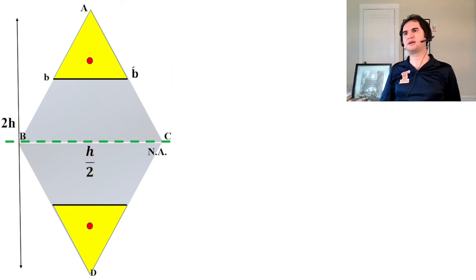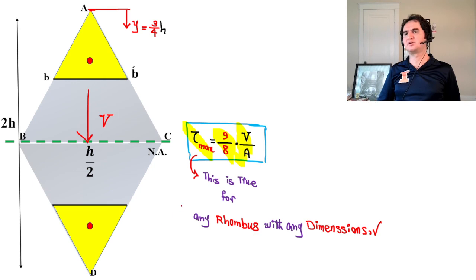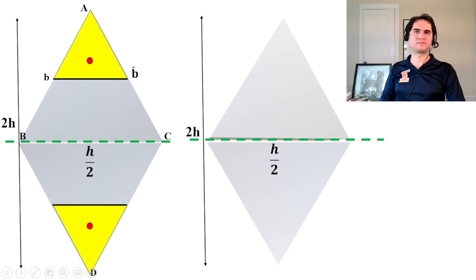That's how we can calculate the tau maximum in a rhombus, which is 9 over 8 of the shear force, and that's a vertical shear applied on the rhombus. And that's going to be true for any rhombus with any dimensions. Thank you.